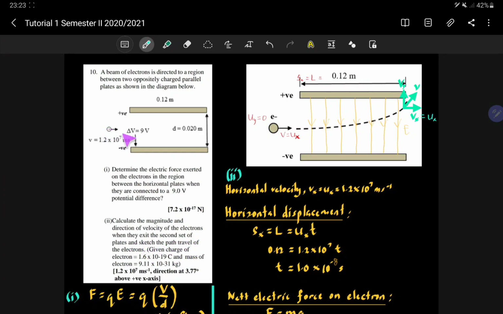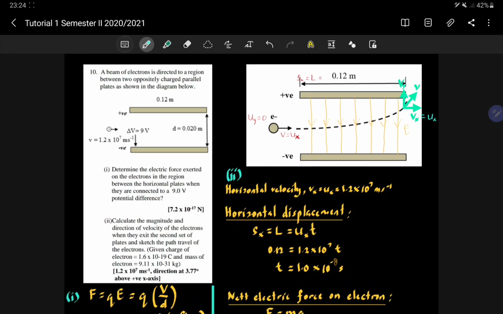Okay, the electron just passes through the plate. They ask you to find the speed when the electron just reaches the other end of the plate here. So what is the magnitude and direction of velocity when it just reaches the end of the plate here?